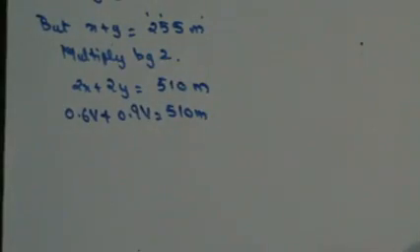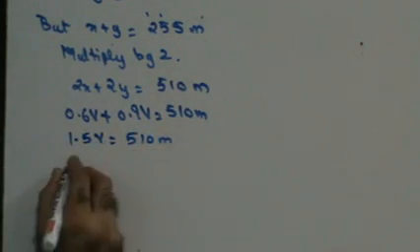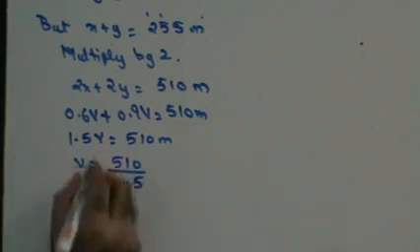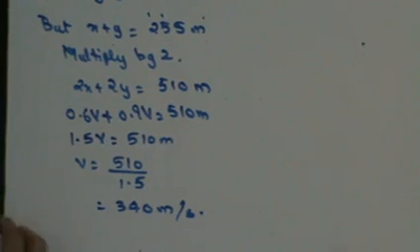So in that case I will get 1.5v is 510 meters. v is 510 upon 1.5. When you divide this, you will get 340 meters per second. So the velocity of sound in air is going to be 340 meters per second.